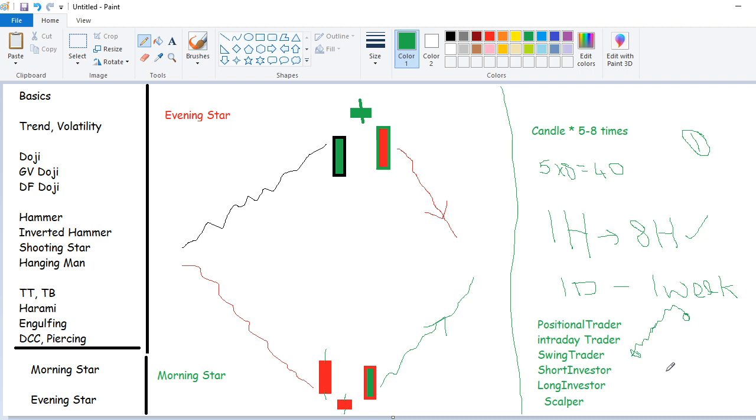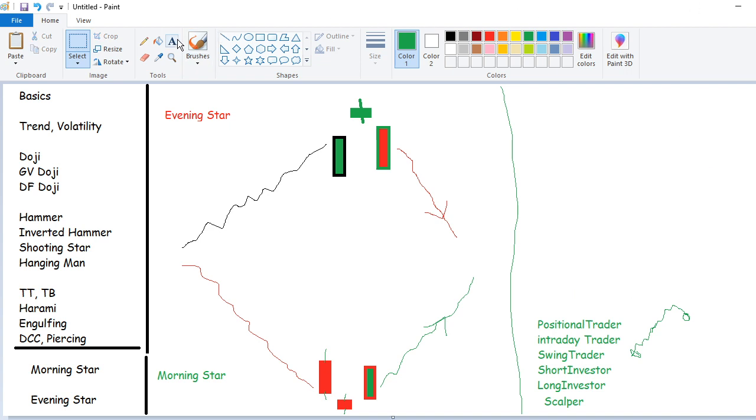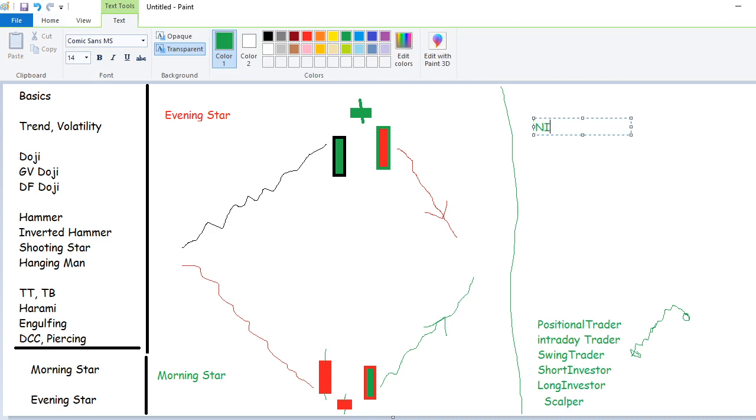So I suggest, as many people are asking me, I personally suggest, see, let's suppose if you are on Nifty intraday trading, then better use 3 minutes. Don't go less than 3 minutes. 5 minutes and 1 hour chart.